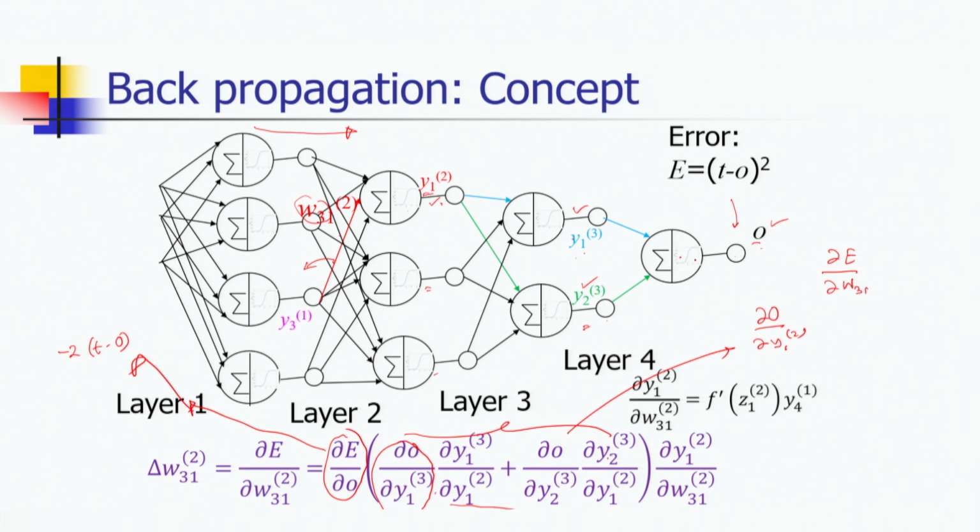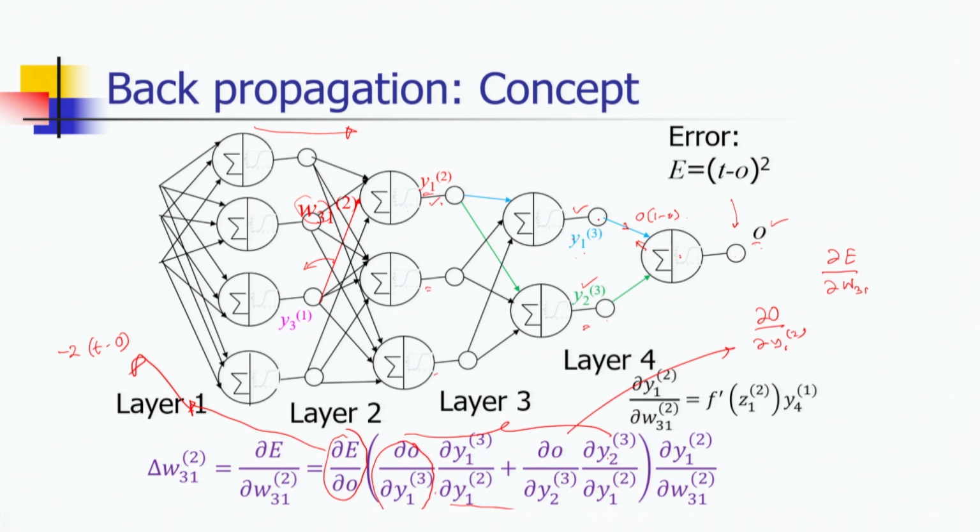There, you have to consider that first there is a nonlinear function. Since this is a nonlinear function, it is f dash z. Since this is output O, I will write O into (1 minus O), and then this is multiplied by the respective weight here.